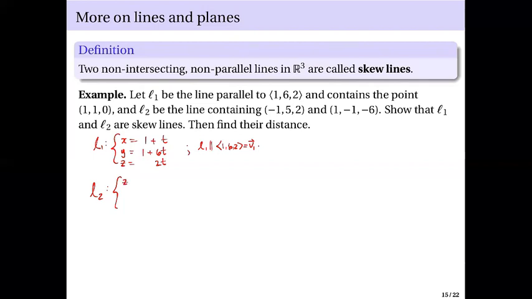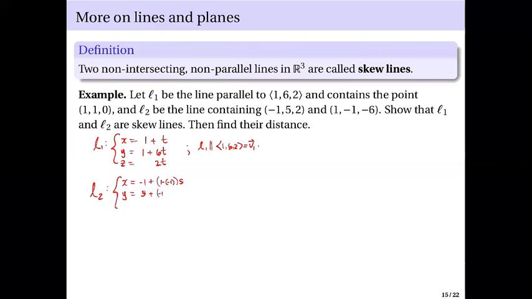So you have your x equals. Let's use this point here, negative 1, 5, 2 as our point. So negative 1 plus, and then the vector will be 1 minus negative 1, 1 minus negative 1 s. Y, it's 5 plus negative 1 minus 5.